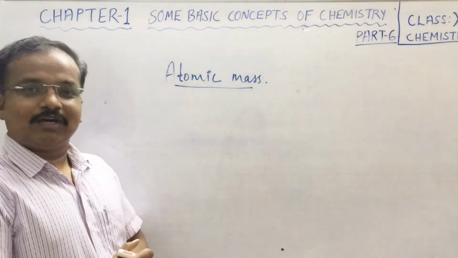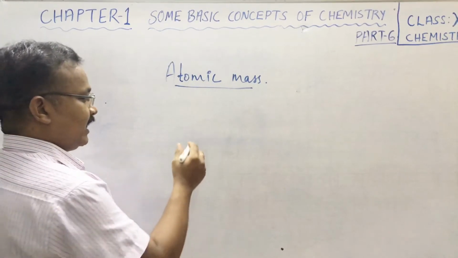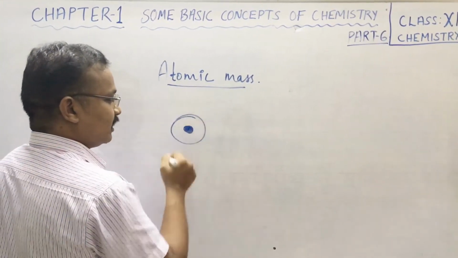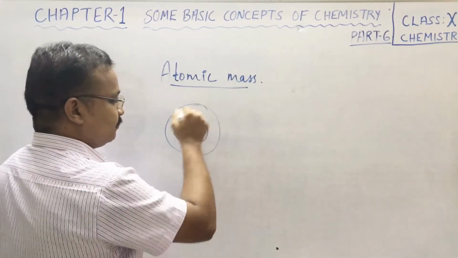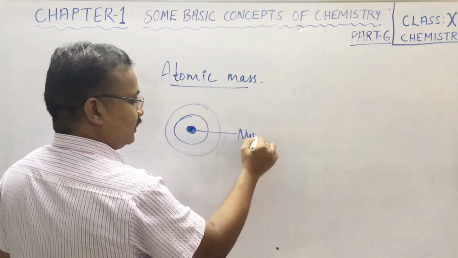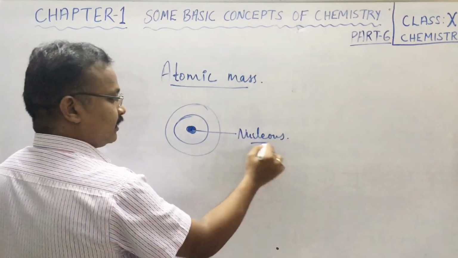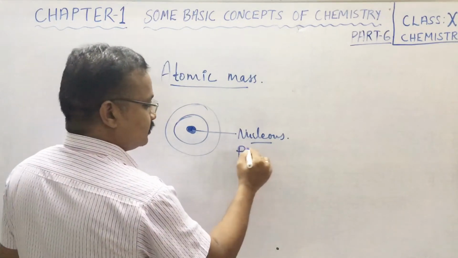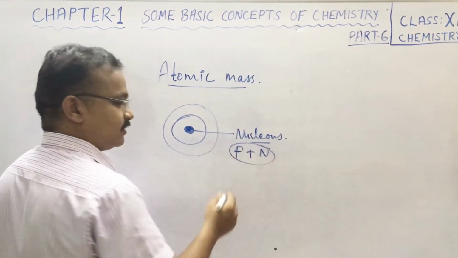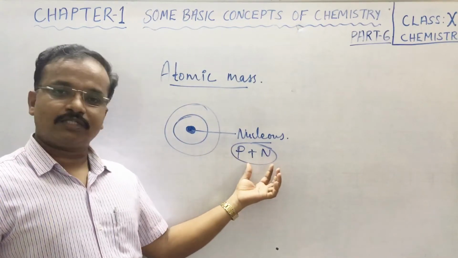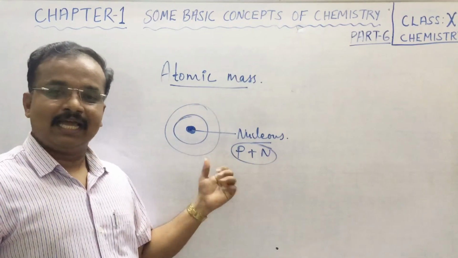As you have studied in your smaller classes, an atom has a nucleus, and electrons revolve in fixed paths, correct? In the nucleus there are protons and neutrons. So atomic mass is the total number of protons and neutrons present in the atom.